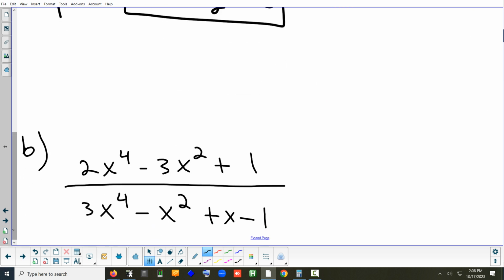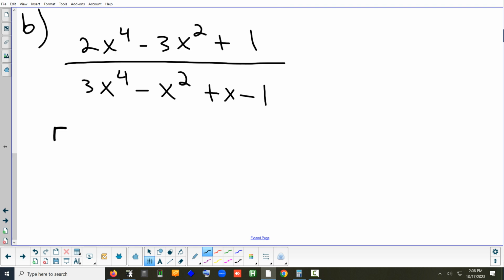All right, let's try this one. What's the highest degree term in the top? 2x to the power 4. And what about the denominator?